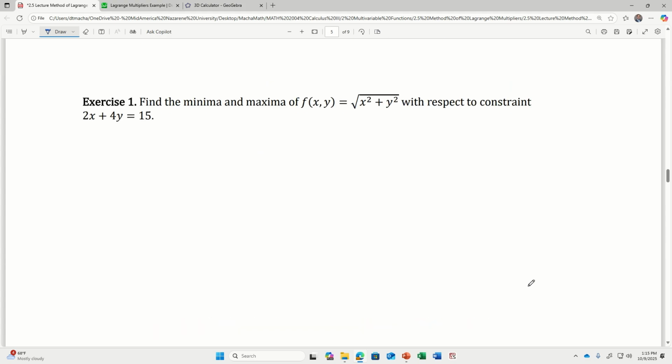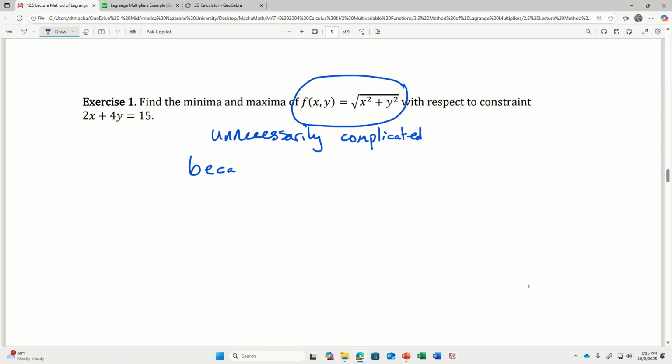We don't have a ton of time left. One thing I'll say really quickly is if I'm asked to find the optimum of a function like this, this looks maybe not that bad, but it's a little bit unnecessarily complicated. Because x squared plus y squared is always going to be greater than or equal to 0 for real numbers x and y.